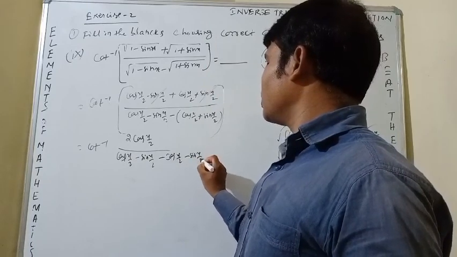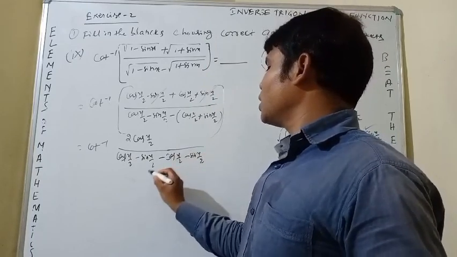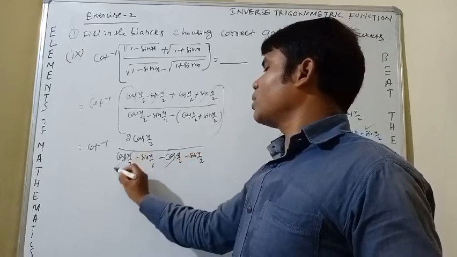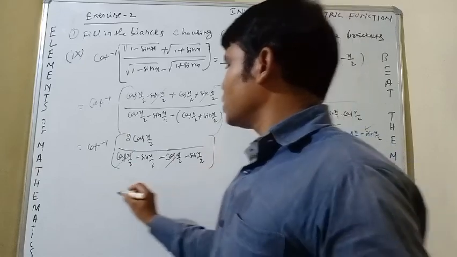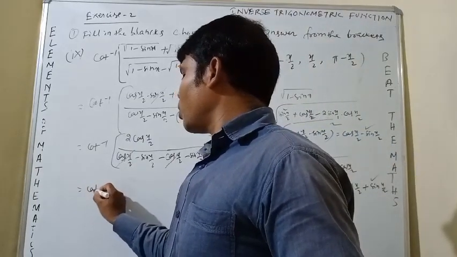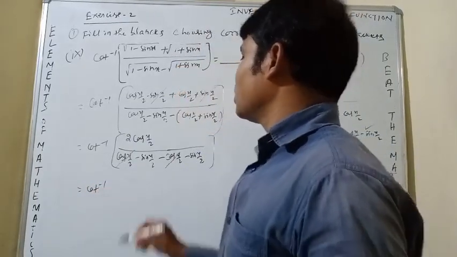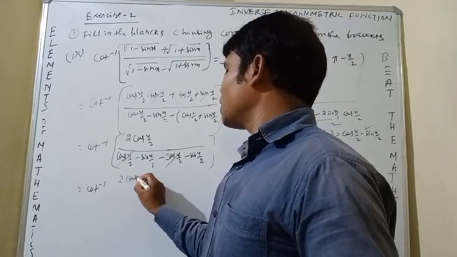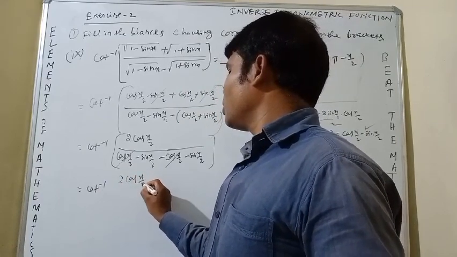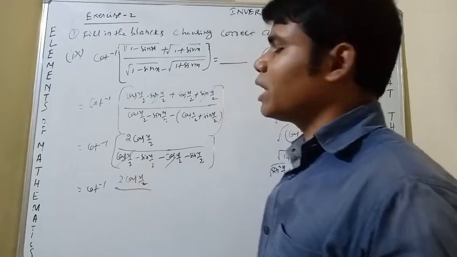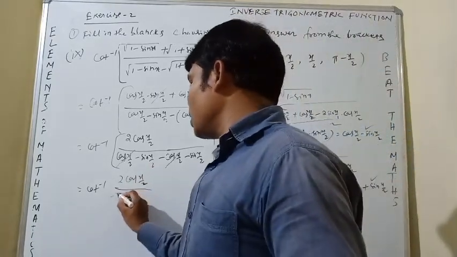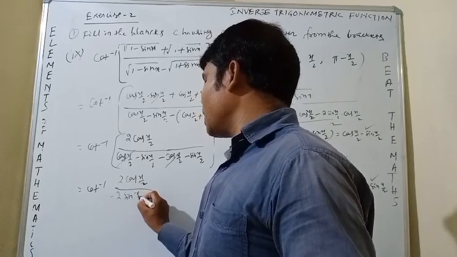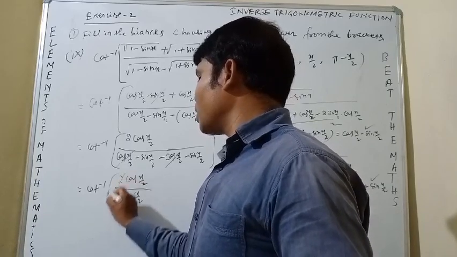Minus cos x by 2 plus cos x by 2, these will cancel out. Is equal to cot inverse of 2 cos x by 2 divided by minus sin x by 2 again minus sin x by 2, that is minus 2 sin x by 2. 2 will cancel out.